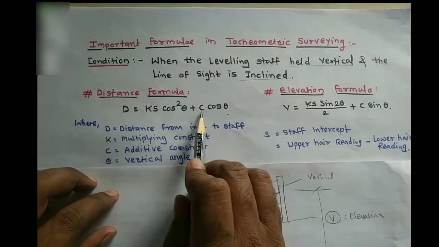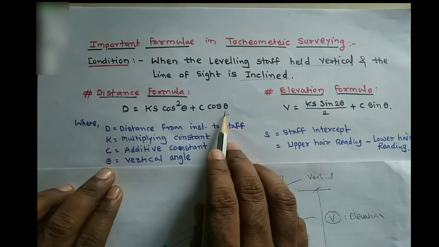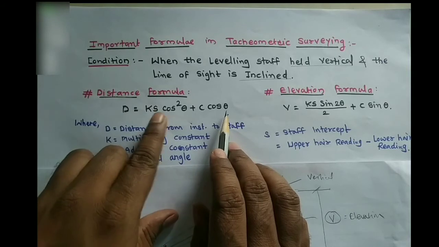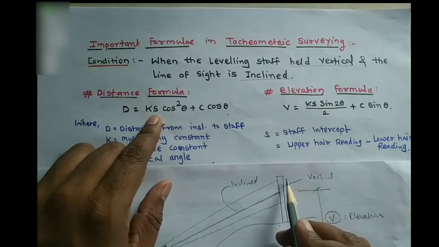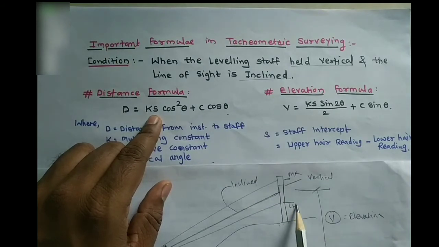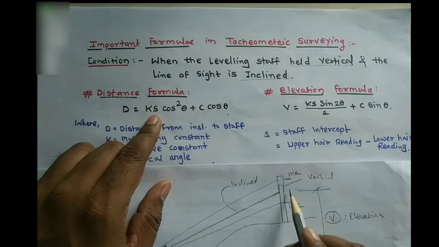Okay, and C is the additive constant. Okay, then theta is the vertical angle, angle of elevation or angle of depression. Okay, and S is the staff intercept. Now, staff intercept means what? This is the upper hair reading and this is the lower hair reading. When we take the difference between the upper hair reading and lower hair reading, we will get the staff intercept.